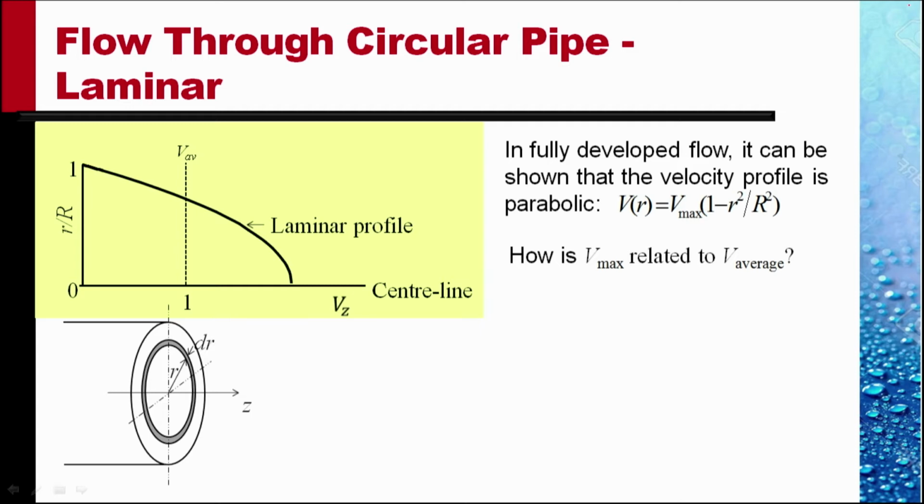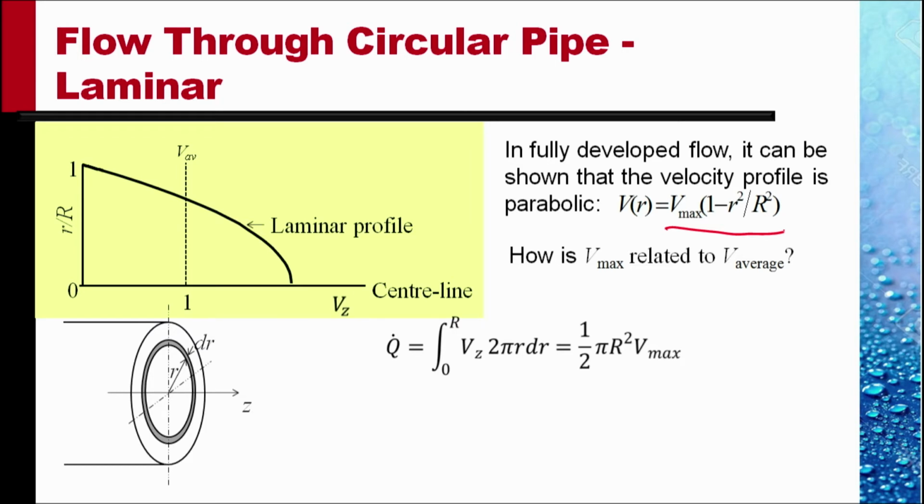The process is that we consider a ring of thickness dr at radius r. The velocity there is given by the formula given here, V max times (1 minus r squared by R squared), and so we can set up integration.